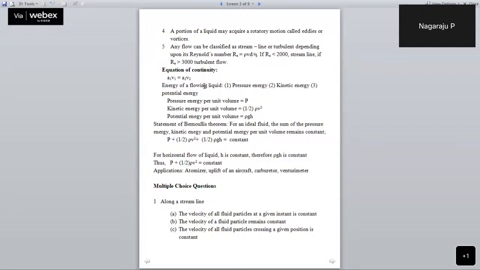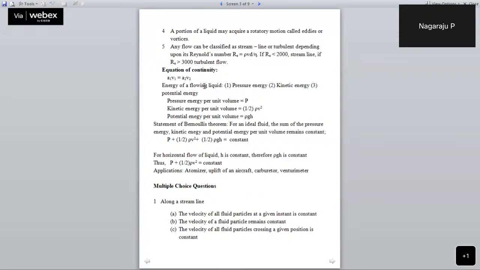Whenever water or any liquid is flowing, naturally we can have different forms of energy, which we write as pressure energy, kinetic energy, and potential energy. The pressure energy per unit volume is denoted by the symbol P. Kinetic energy per unit volume is denoted by half rho V square.